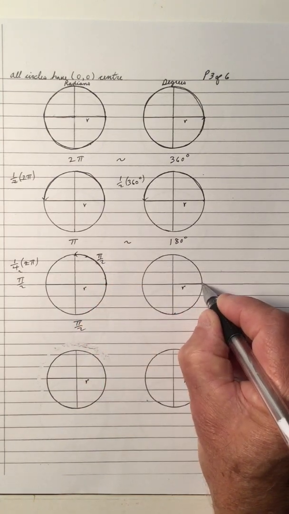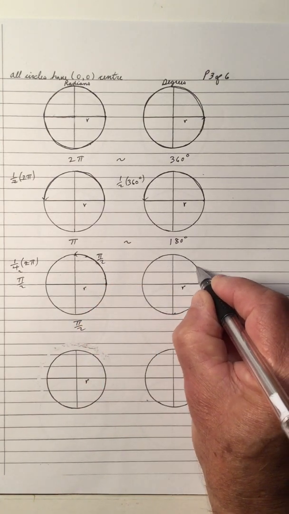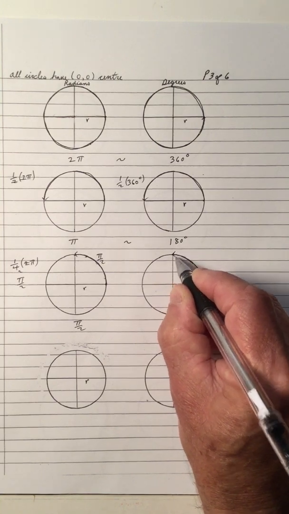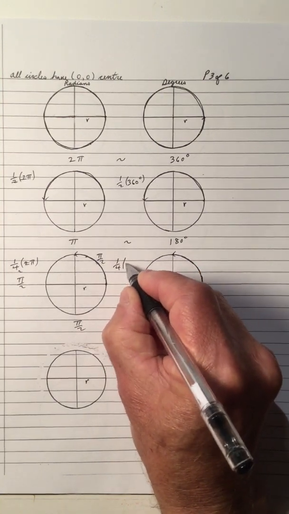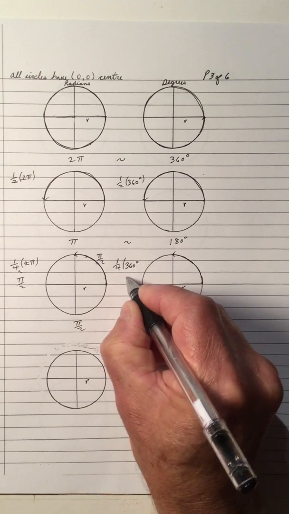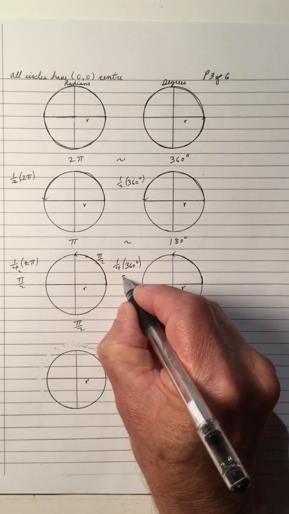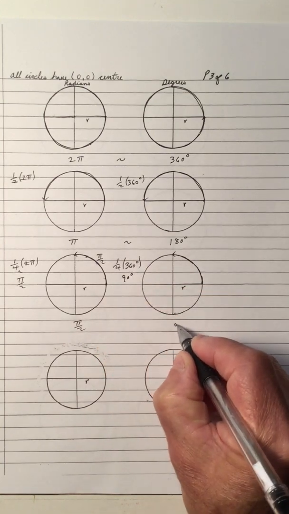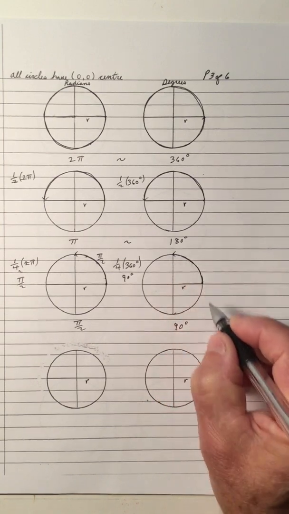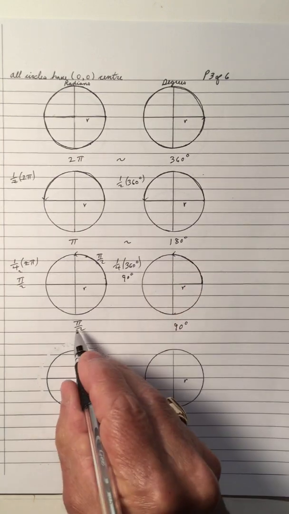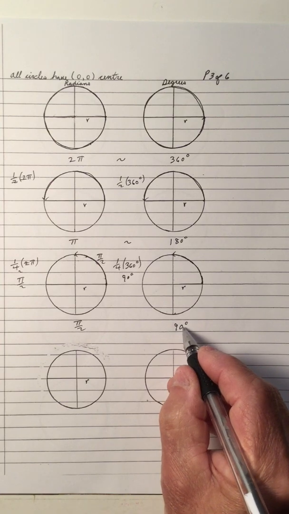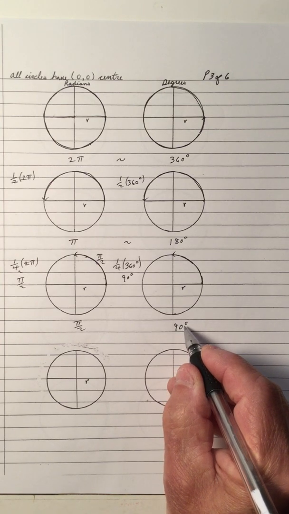And in terms of degrees, up as far as here, we go 1/4 of 360, and 1/4 of 360 is 90 degrees. So pi over 2 is equated with a 90-degree rotation.